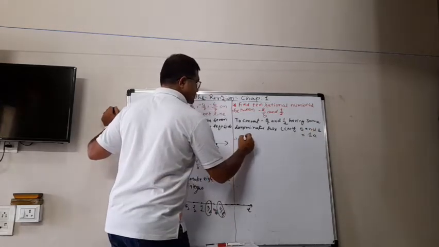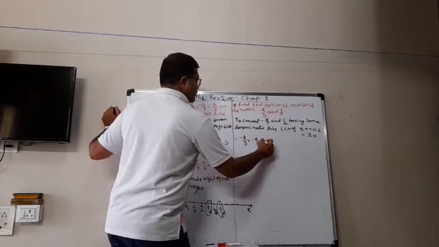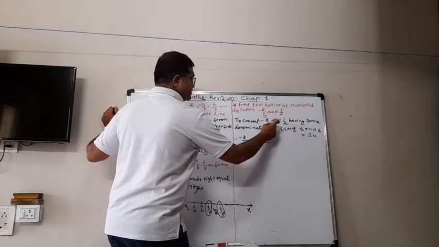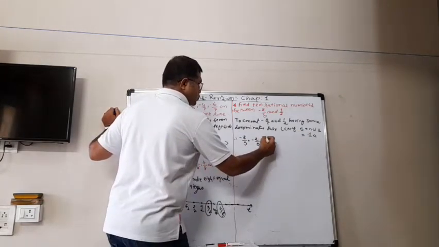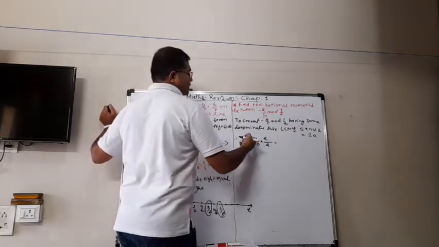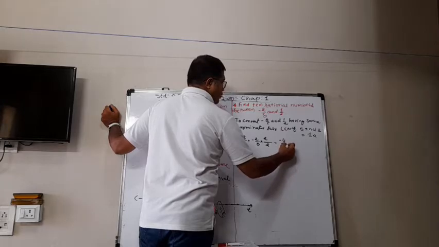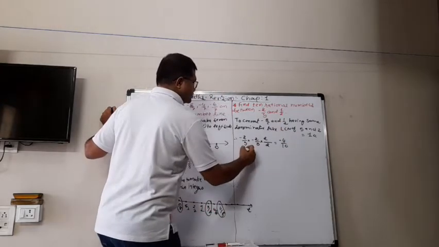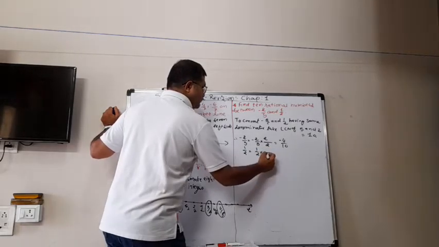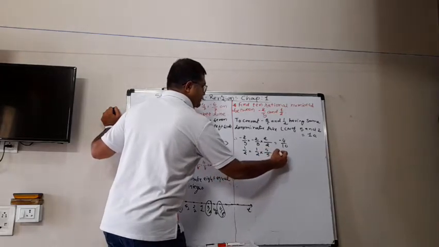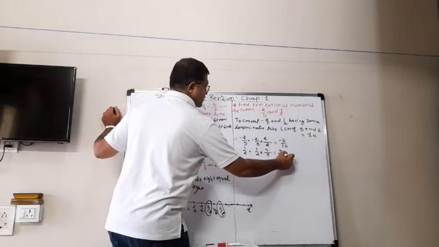Therefore, minus 2 by 5, now we have to convert it with 10 as a denominator. So 5 must be multiplied with 2. So it will be multiplied with 2 in the numerator and denominator, so it will be minus 4 upon 10, and the other number is 1 by 2. 1 by 2 multiplied by 5 upon 5, since 2 fives are 10, that is 5 upon 10.